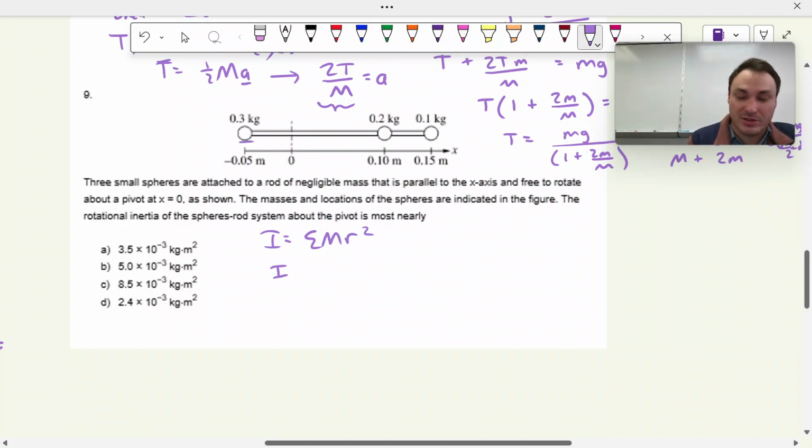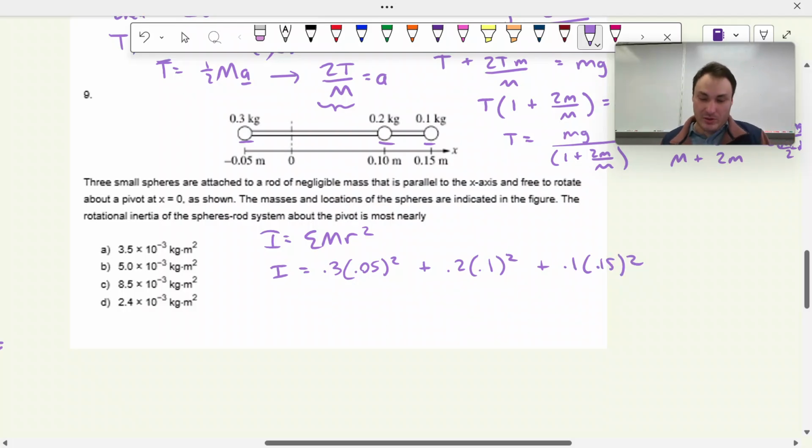So we have 3 masses we have to account for. This r is distance. We don't care about what direction it is, so it's not going to be negative, like, for example, a center of mass equation would work, or a net torque equation would work if we're solving for torque equilibrium. So we have 0.3 times 0.05 squared, we have 0.2 times 0.1 squared, and then we have 0.1 times 0.15 squared.